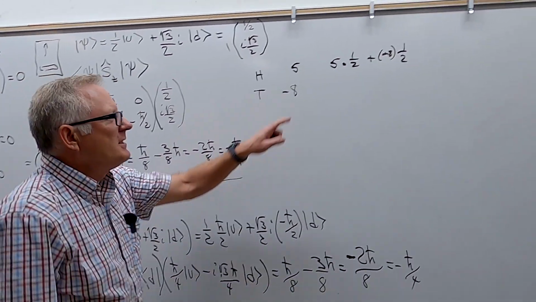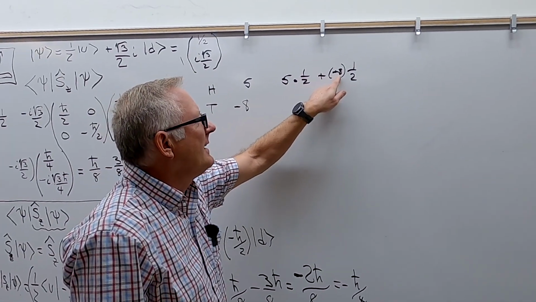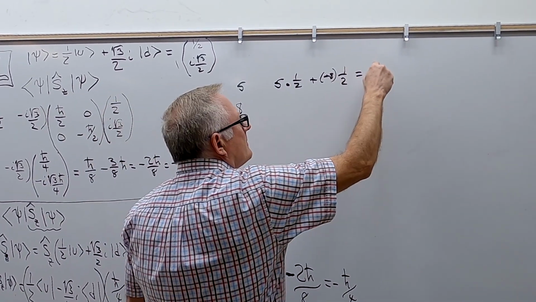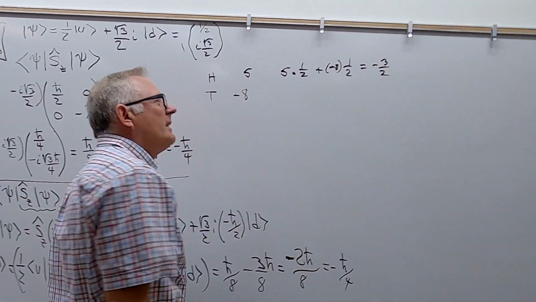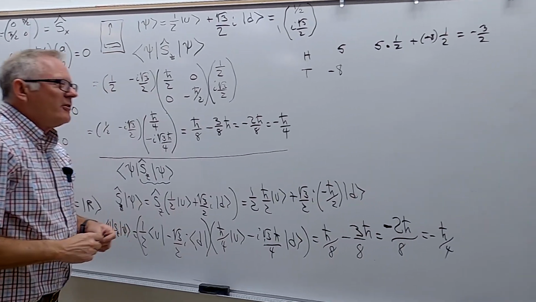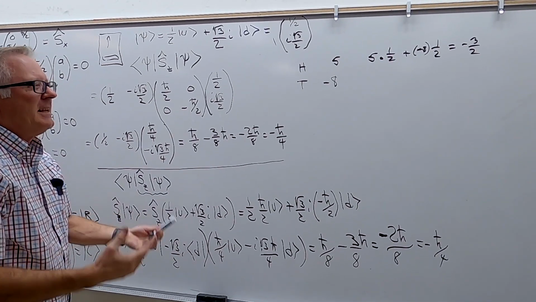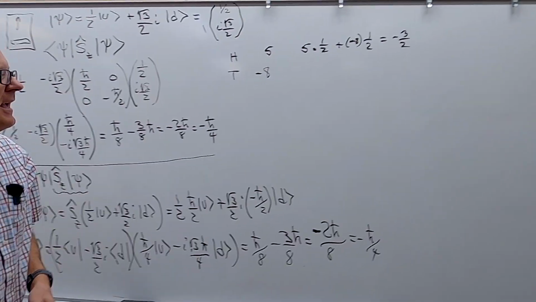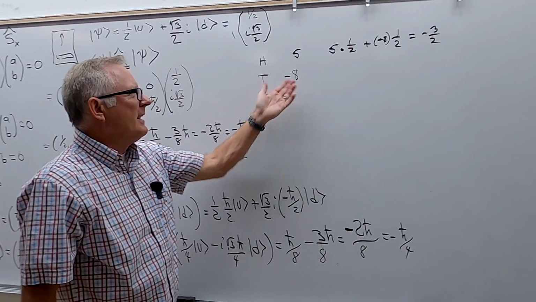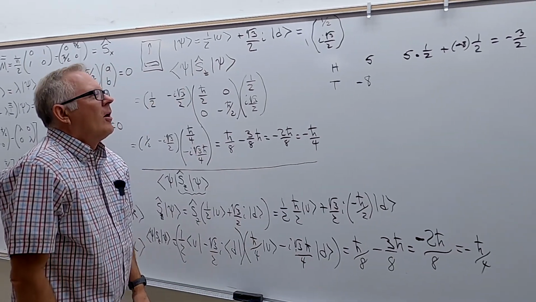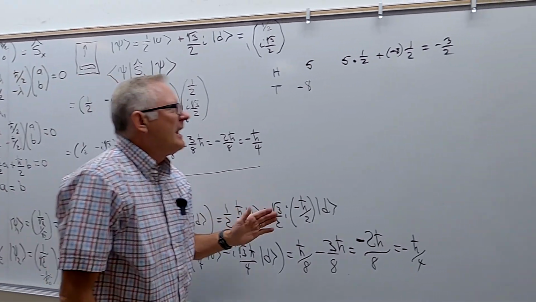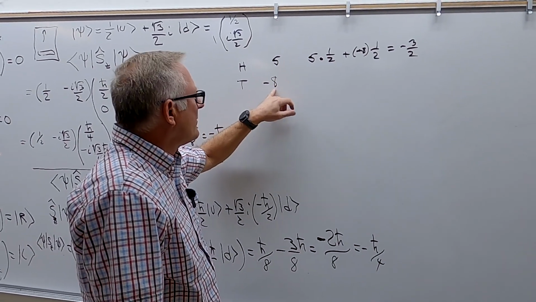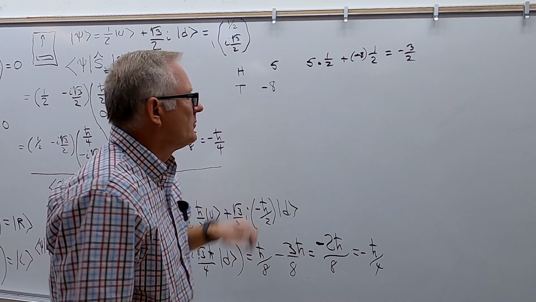And so that would just give you 5 halves minus 8 halves, which is minus 3 halves. So the average value that I would get would be minus 3 halves every throw. That's the average right there. And it'd be a negative because my negatives counted more. Okay, so whenever you're trying to find an average, you could say it's the probability of this one times the value of this one plus the probability of this one times the value of this one.